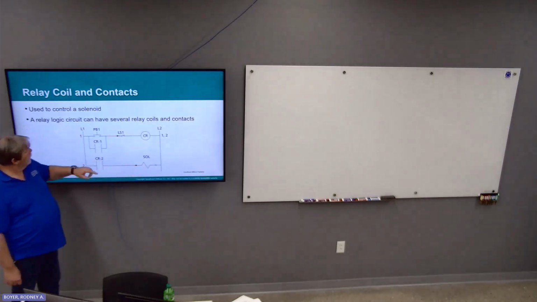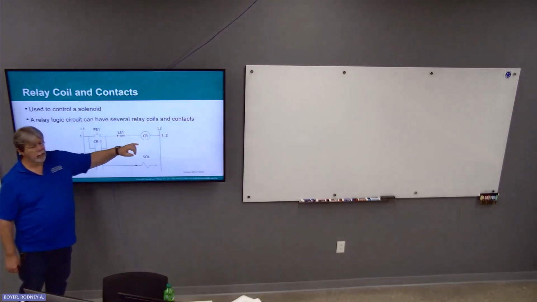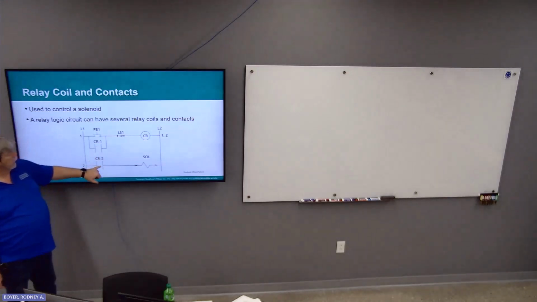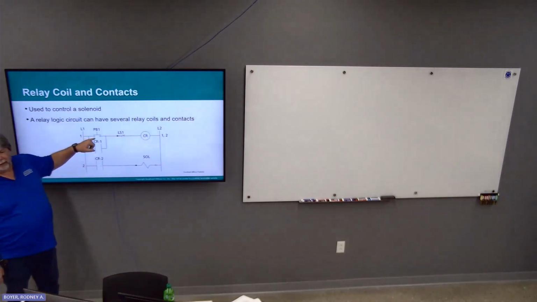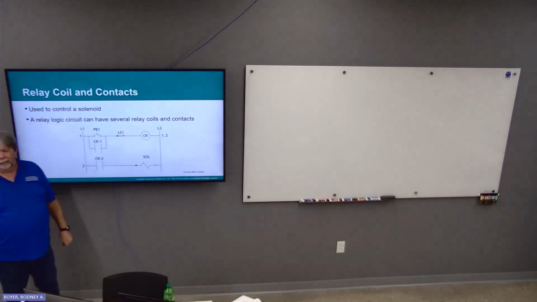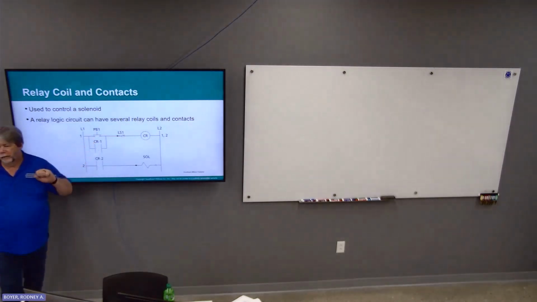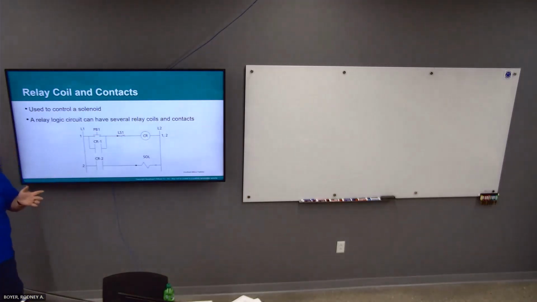Okay. To stop this system, all I gotta do is open LS1. CR de-energizes, which opens that contact. As long as I'm not pressing the push button when limit switch 1 closes again, it doesn't do anything because I've got open here, open here. Okay. Did I lose anybody?